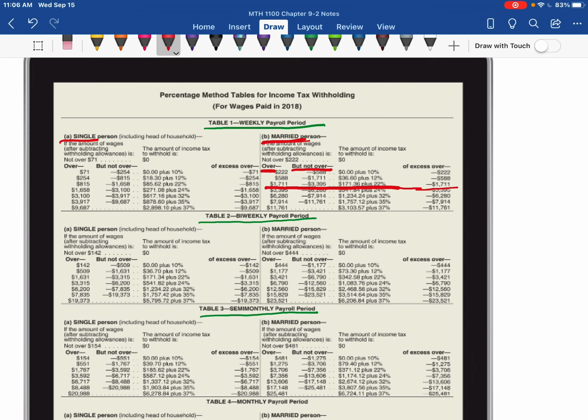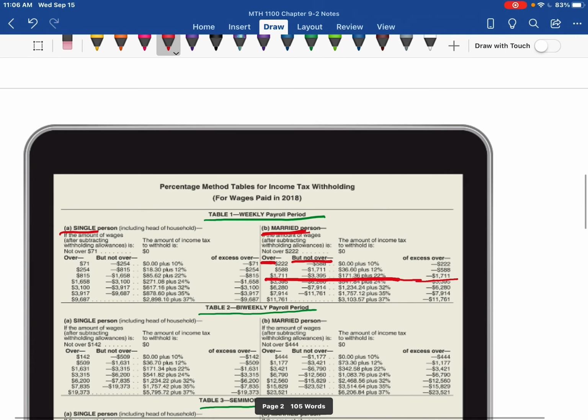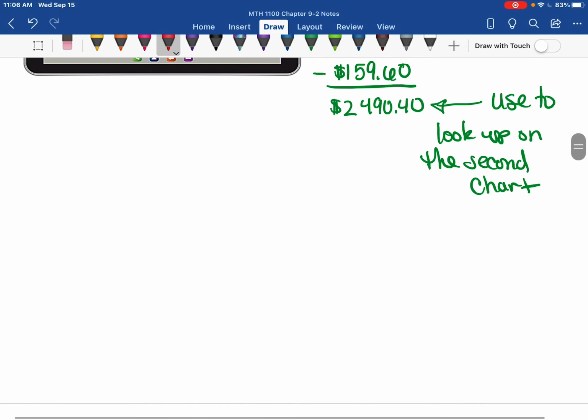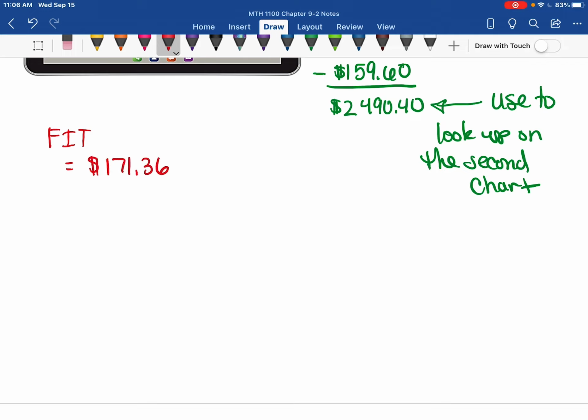So when I look at that row, it tells me that I'm going to pay taxes $171.36 plus 22% of anything that's over 1,711. So the way we're going to set that up is we're going to say our FIT is going to be $171.36 plus 22% of anything over that 1,711 number.